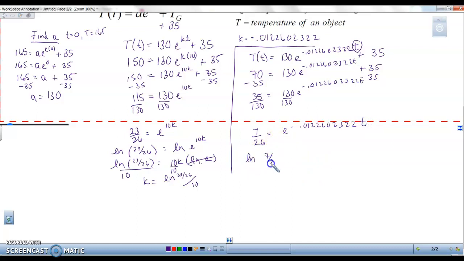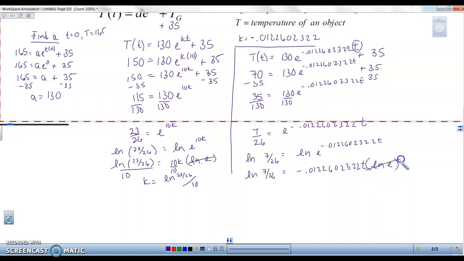ln of 7 over 26 equals ln of e to that number, negative 0.0122602322t. All right, this is an exponent, so it goes out front. So this is going to be ln of 7 over 26 is equal to negative 0.0122602322t ln of e.